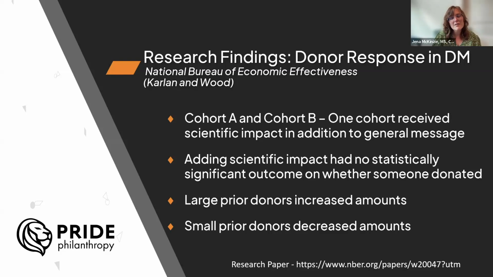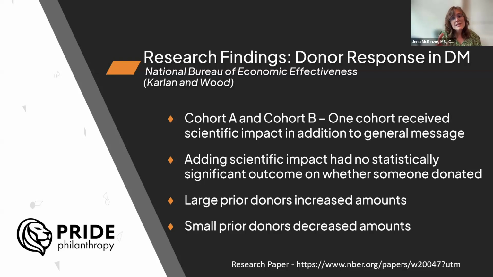So they found that prior donors who had made large gifts, and large is relative to each of the organizations that we work with, right? So they found that prior large donors actually gave a higher gift when they received the evidence-based messaging. So this is a committed donor that has already made previous gifts to our organization at a significant level.